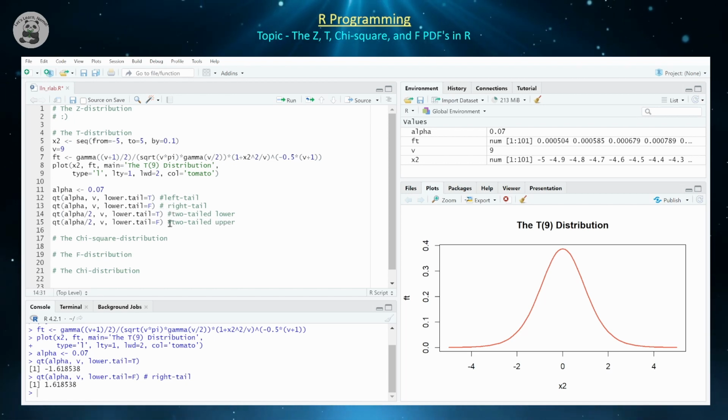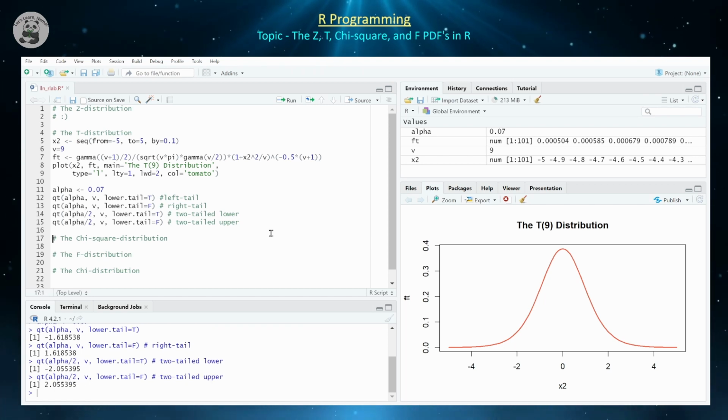Because if we have a two-tailed test, we have a lower value and an upper value that dictates where that alpha is located. And if we give these 2 lines of code a run, we have negative 2.06 and 2.06 approximately for our degrees of freedom. Now again, if you choose a different degrees of freedom and a different alpha value, you will get different values for each of these critical values. So keep that in mind.